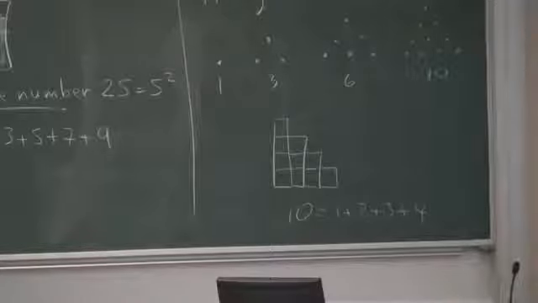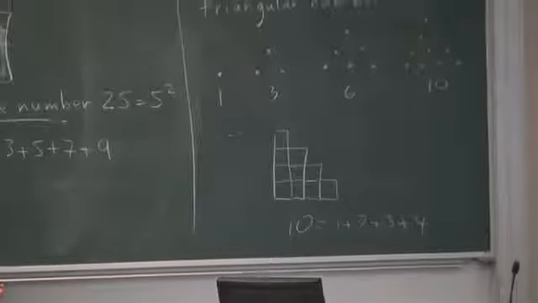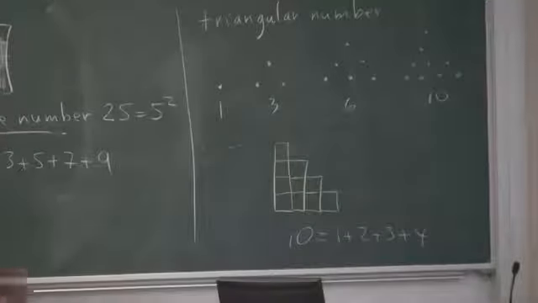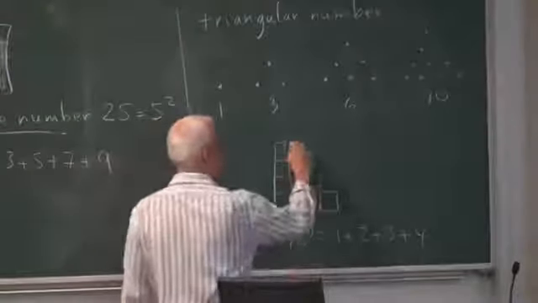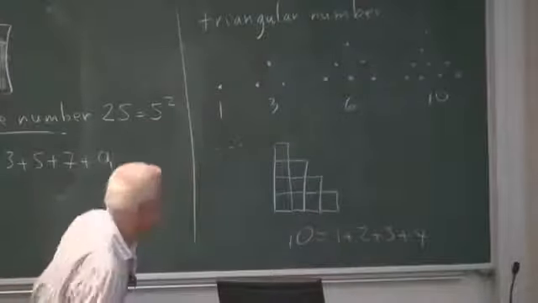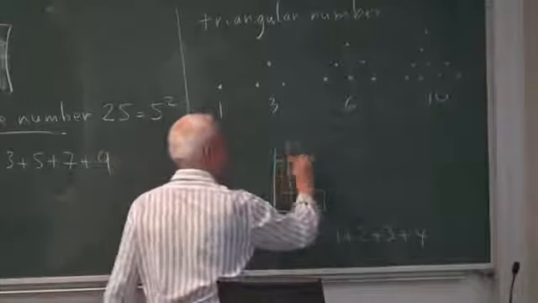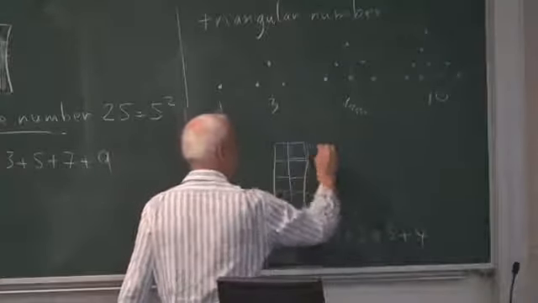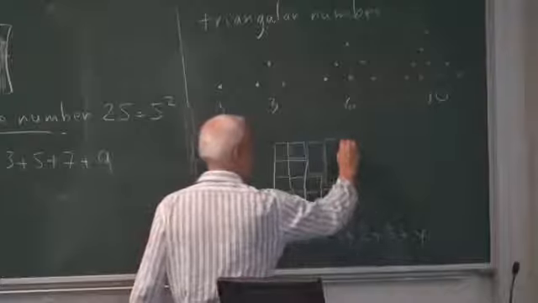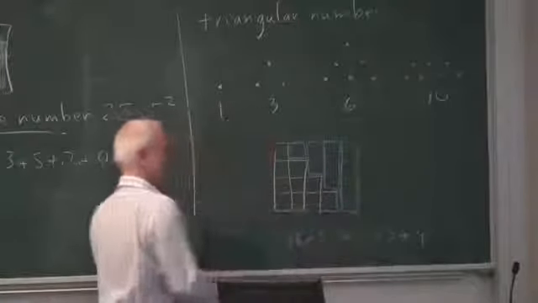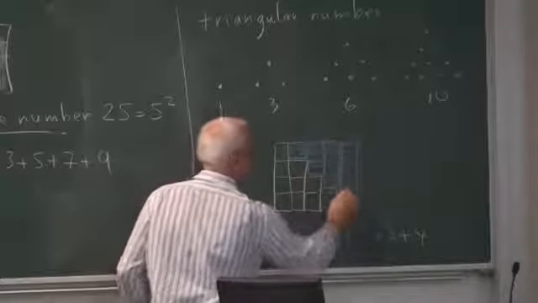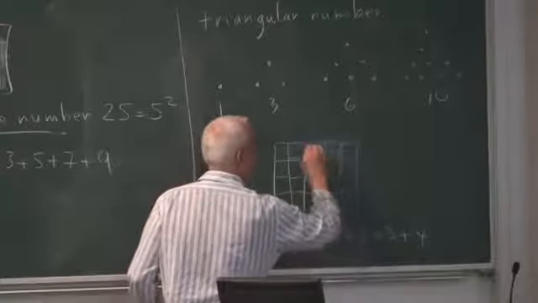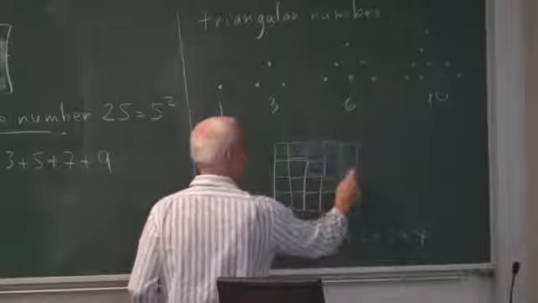And a relatively easy formula for that can be obtained by thinking about what happens if you double that. So if I add, maybe in blue here, there's another 1, and then there's a 2, and then there's a 3, and there's a 4. Okay, so this thing here, 2, 3, 4, 1, 2, 3, 1, 2, 1.